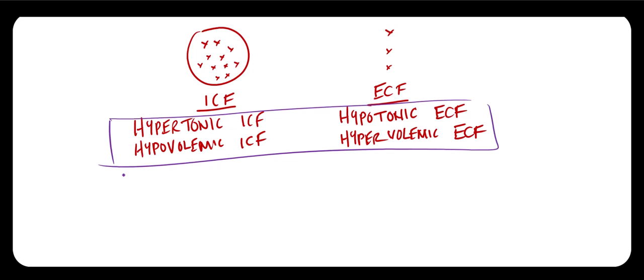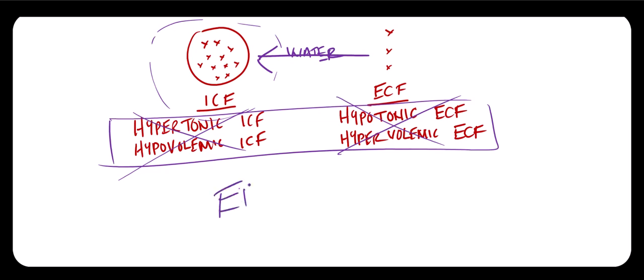So to level out the concentration, we're going to move water into the cell, which is going to swell the cell up, make the cell big with all that extra water to even out the concentration. Once I do that, I have an equal concentration. I'm not hyper or hypo anything. But once I do that and swell that cell up, what I'm actually describing is edema.